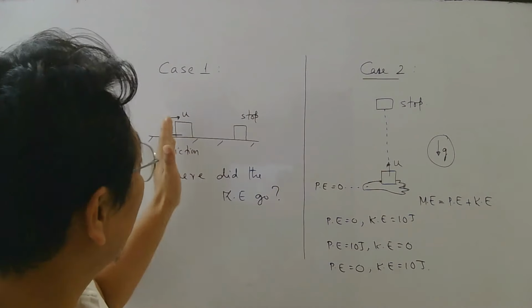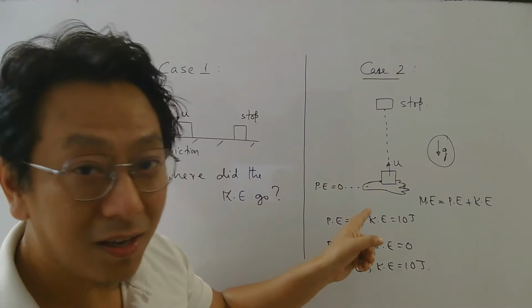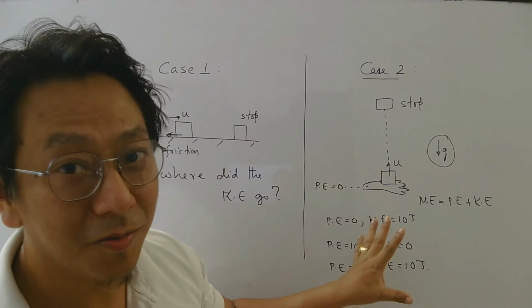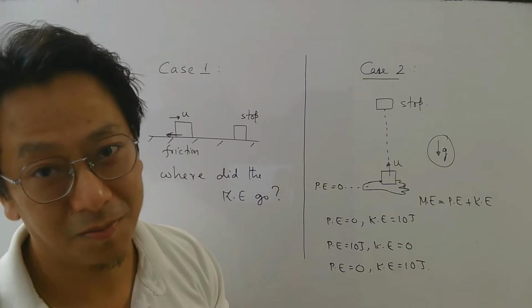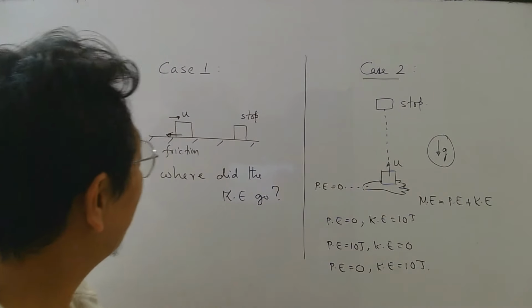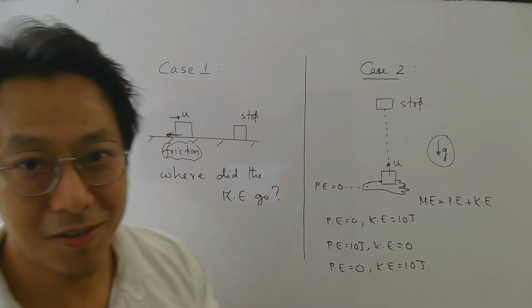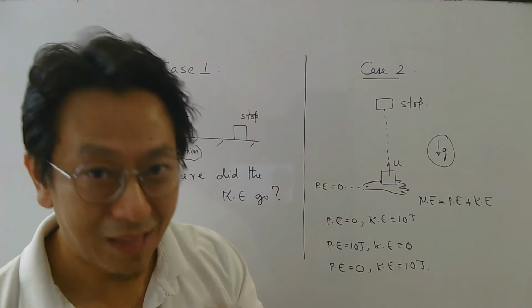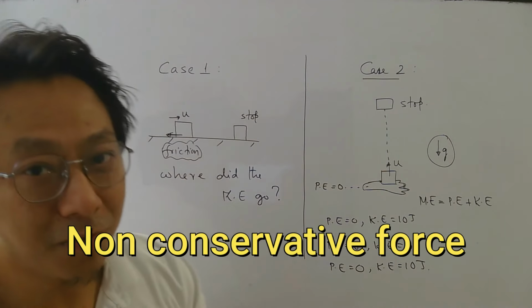So that means from here to here, mechanical energy is lost. Unlike here. Here mechanical energy was conserved. Here mechanical energy is lost by the system. And therefore, such forces where mechanical energy is lost, that kind of forces in physics we say non-conservative force.